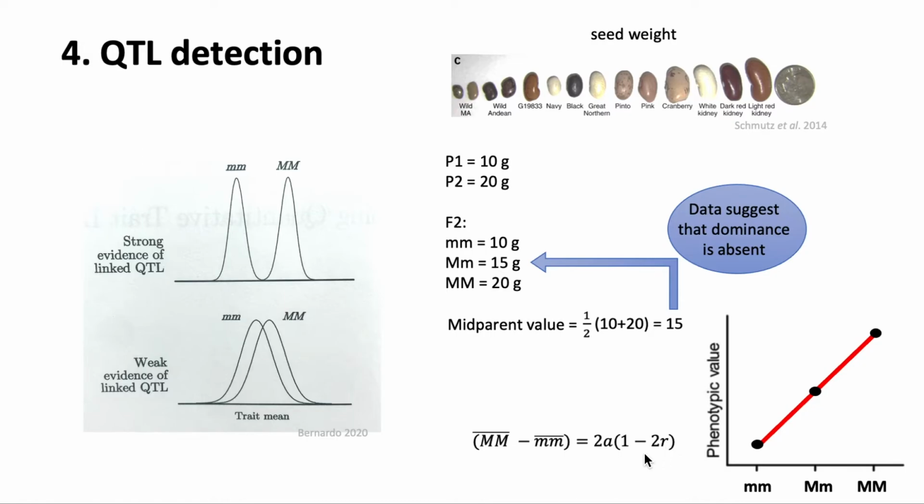That means that marker doesn't have any association with the QTL. That is why the expected difference between the homozygous lines is equal to 0, because there is no association.